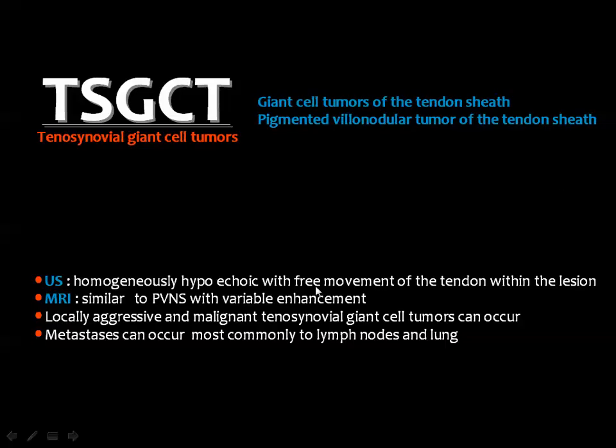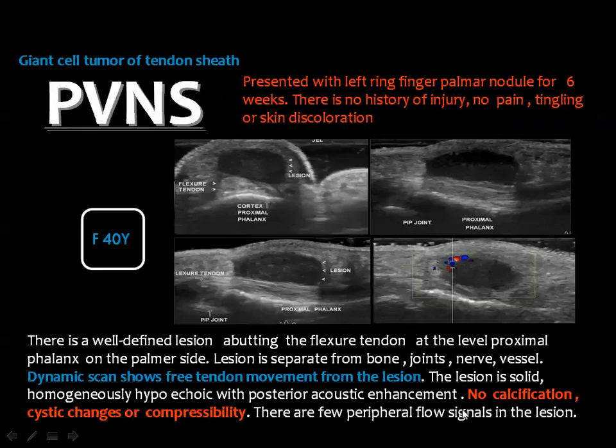And you should remember that both the giant cell tumor of the tendon sheath as well as the pigmented villonodular synovitis will show a variable degree of enhancement. Then locally aggressive and malignant tenosynovial giant cell tumor can be seen, and the metastases usually occur to the lymph nodes and the lung.